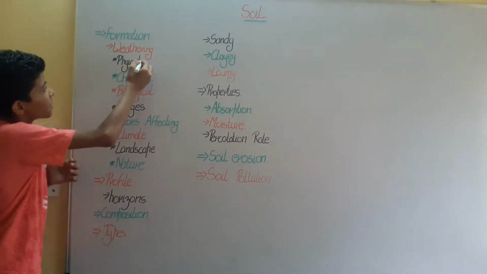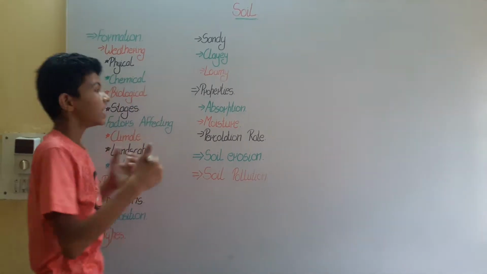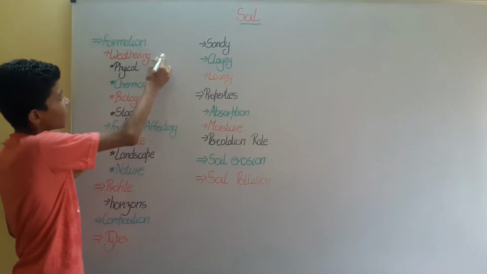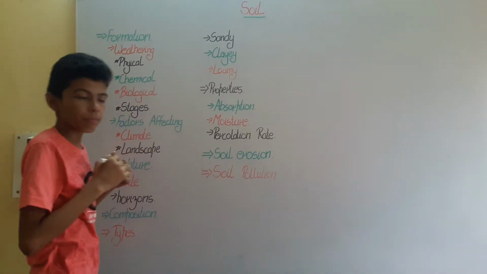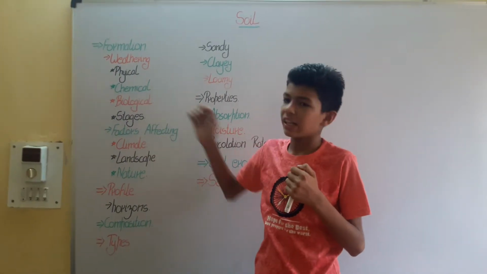Weathering is done in three ways: physical weathering, chemical weathering and biological weathering. First, physical weathering.